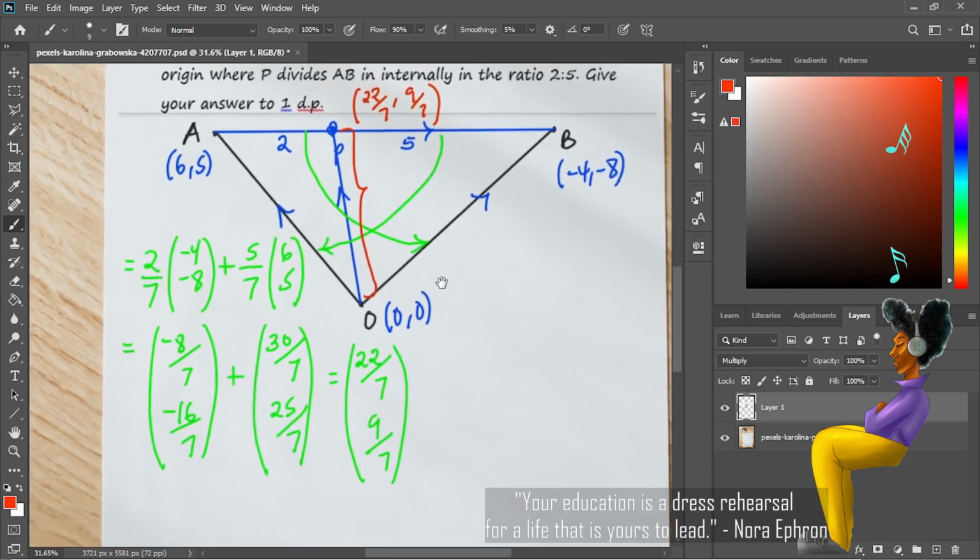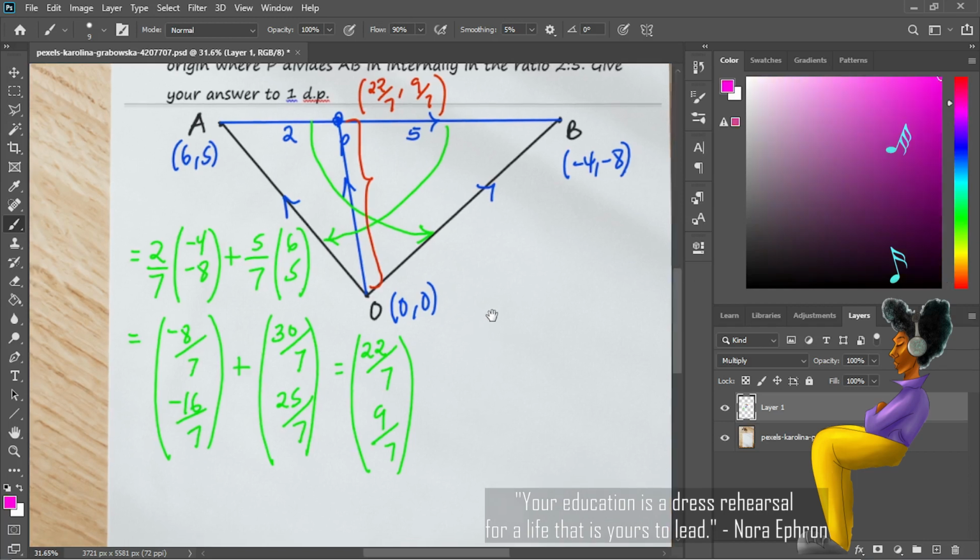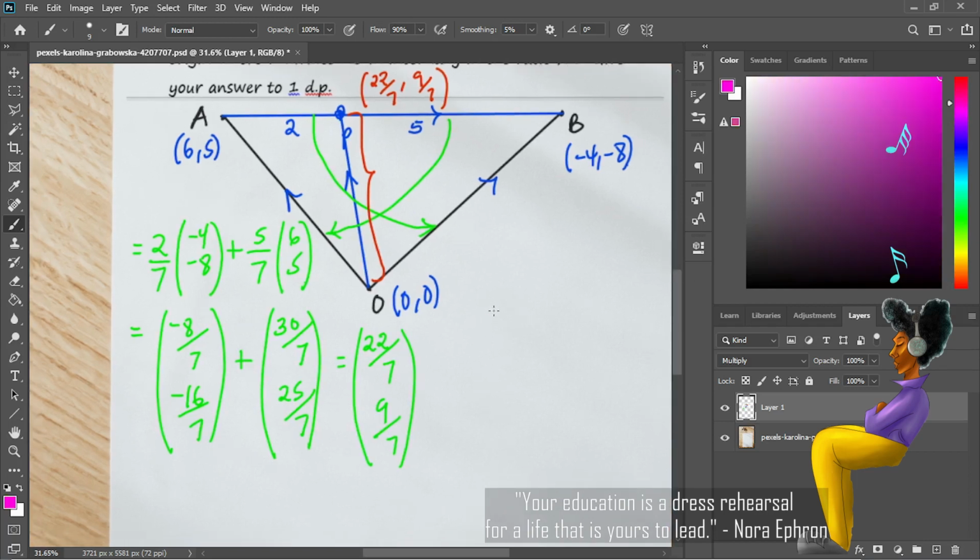Now if you want to find the distance between any 2 points, you are supposed first of all to get one column vector representing that particular vector. So in this case, for OP, we take the value of P minus O, the end minus the origin, or the starting point. That will give us 22 over 7 and 9 over 7.